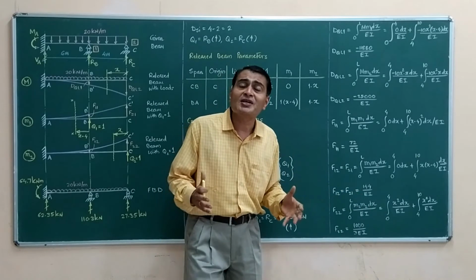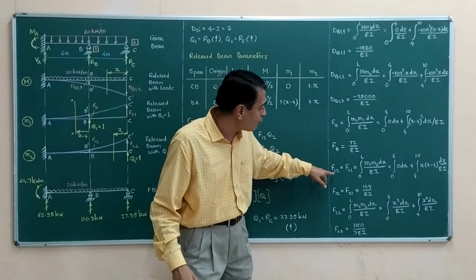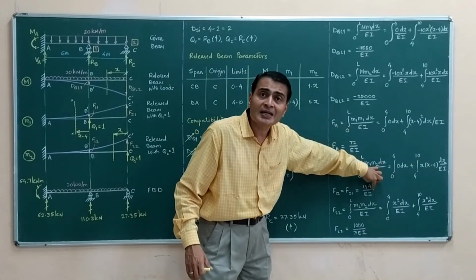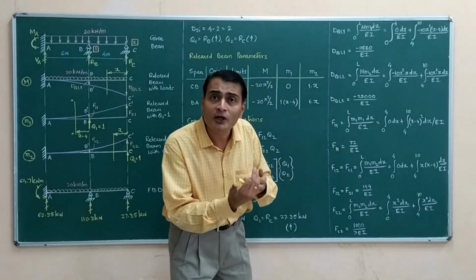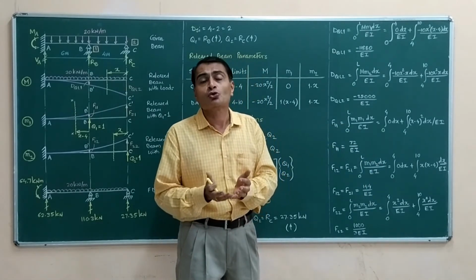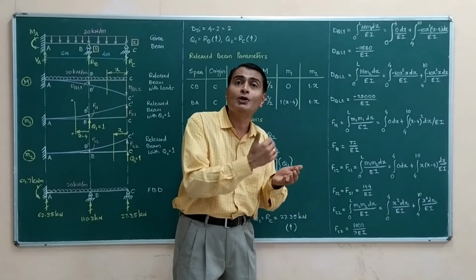Why am I saying F12 is equal to F21? Because for F12, it is m1 m2 dx upon EI, and for F21 it will be m2 m1 dx upon EI. So my calculation is going to be the same, m1 into m2 or m2 into m1.